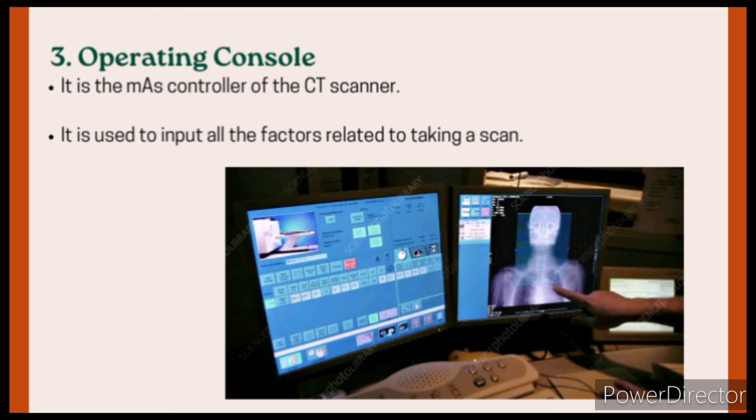Often there are two different control consoles, one used by the CT scanner operator and the other used by the physician. The operator's console controls such variables as the thickness of the image tissue slice, mechanical movement of the patient couch, and other radiographic technique factors.